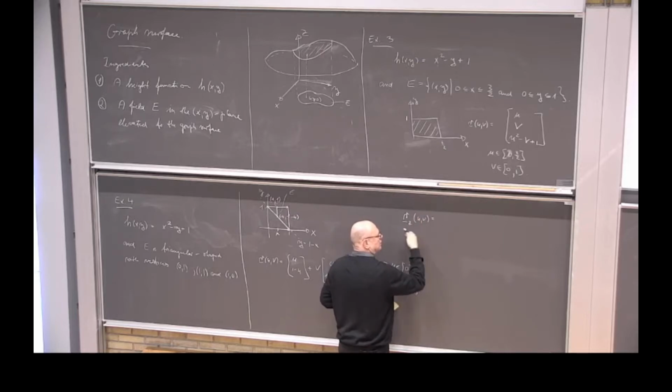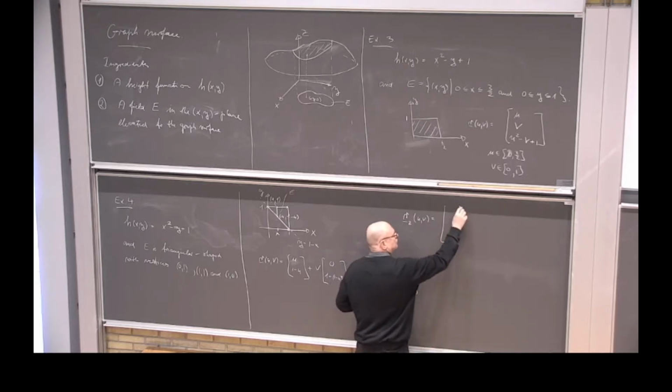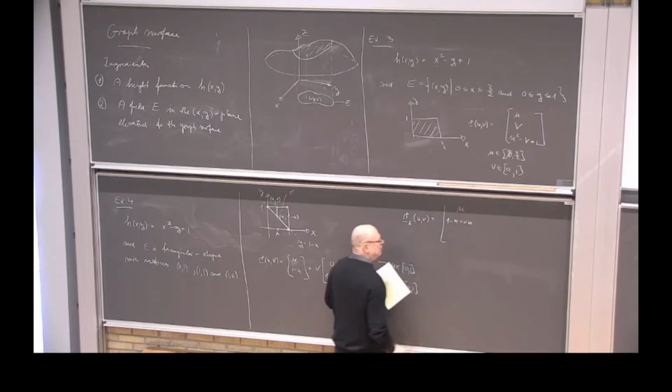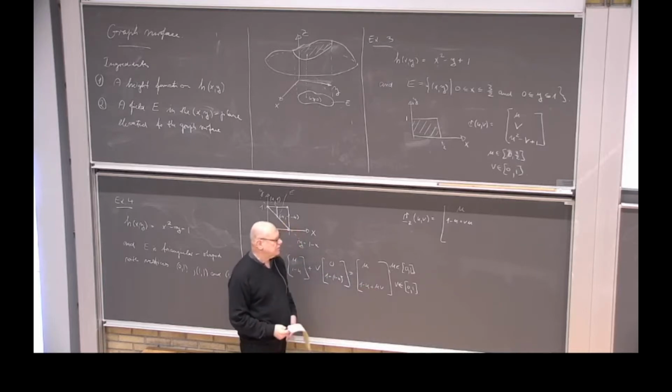And this will be the parametric representation for your graph surface. The first coordinate is u, and the second coordinate is 1 minus u plus v times u, or u times v. This is these two coordinates.